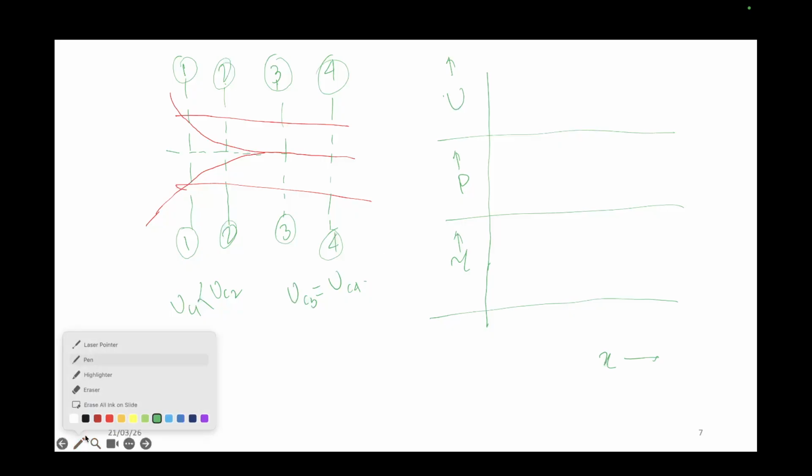These are the three profiles I will plot here. Already I have discussed this U. At the center line, U initially, whatever the value, will gradually increase, and after that as it reaches the fully developed region, it becomes constant. So the profile should be like this one, right? And for the pressure, how should the profile look?